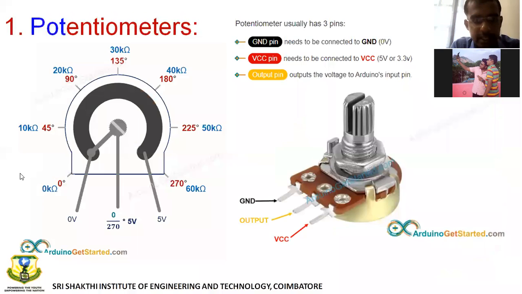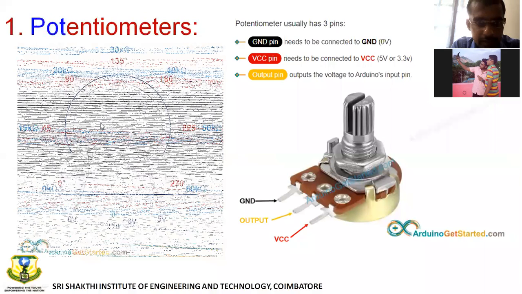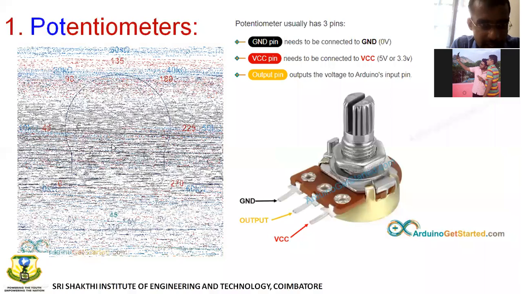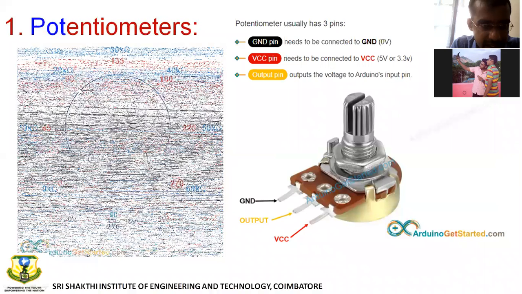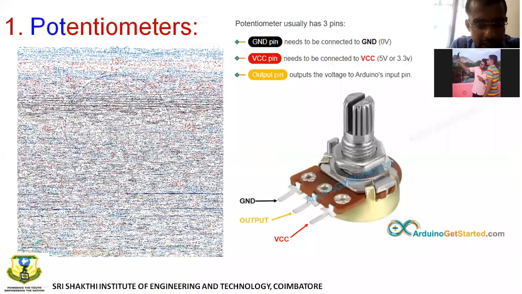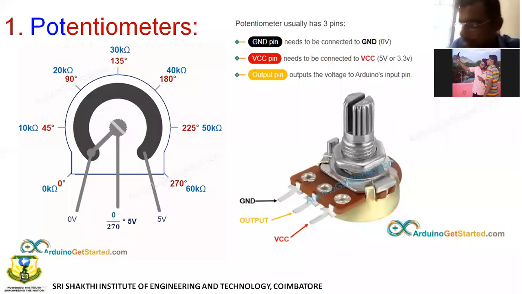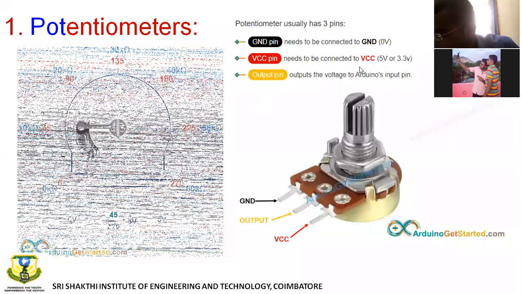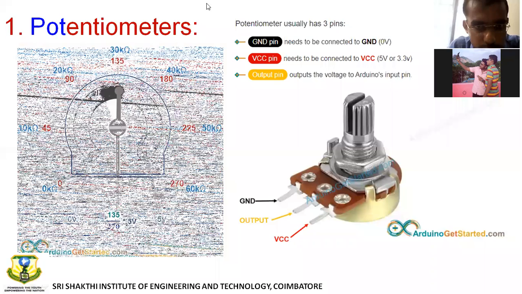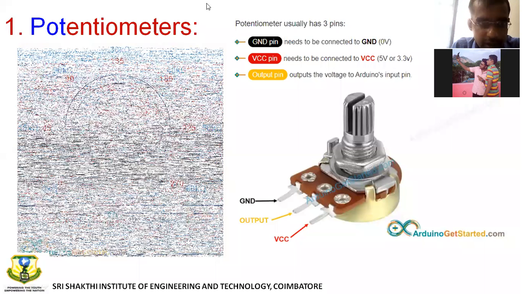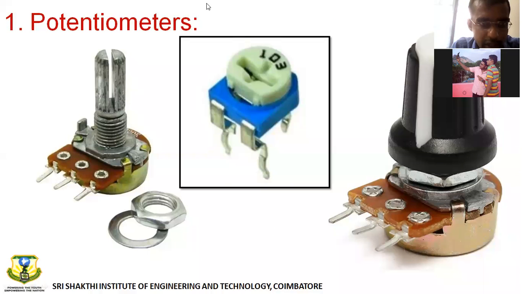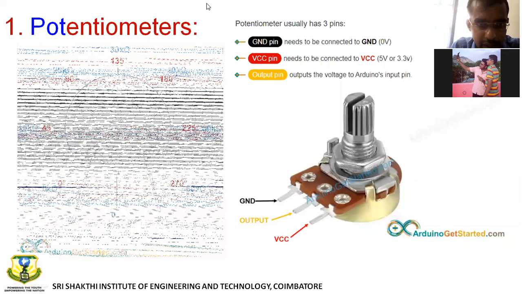Inside this potentiometer, there will be a carbon film. When you move the movable arm, see, this is the first arm and this is the movable arm, according to where you connect, the resistance is going to vary.